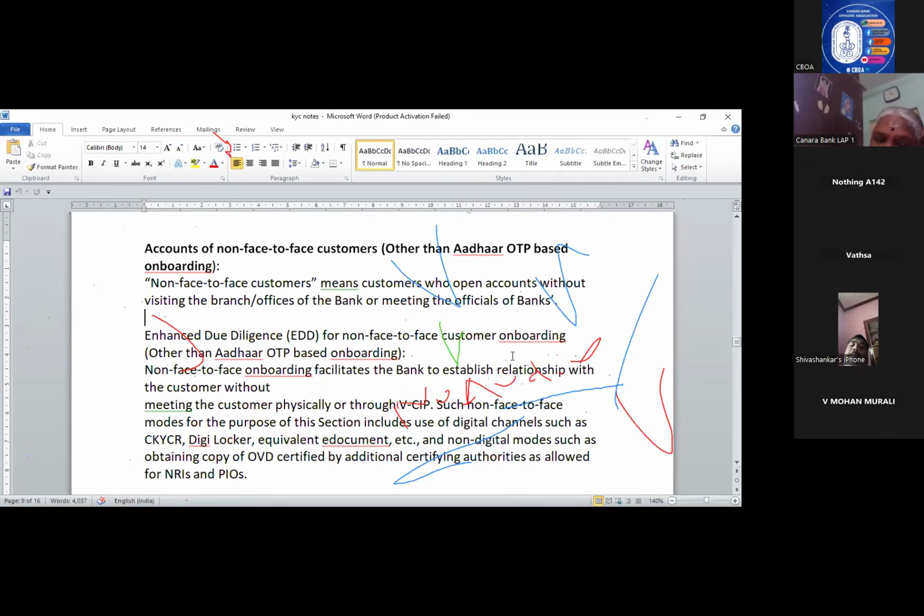And how can we do that? That is through VCIP, video-based customer identification procedure. Somebody will go to their place and take the video of the person. They will take the video of the KYC documents and the location, their place, latitude, longitude, everything. And based on that, we can open the account.